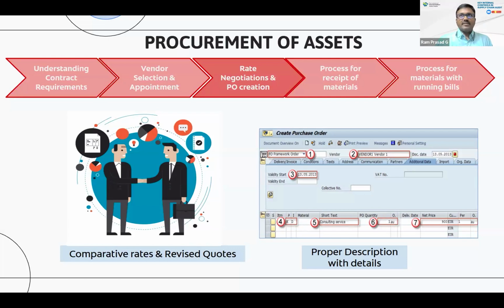Imagine if I have to buy a TV. A TV will have specifications like LED, OLED, LCD, and inches. So if a PO gets created as "TV for MD's room, TV for conference room," there is more likelihood of some kind of control lapse, because once the goods come in, at the time of negotiation, when the quotations were received, imagine I've received a quote for a 65-inch Samsung OLED TV, which is 3 lakh.